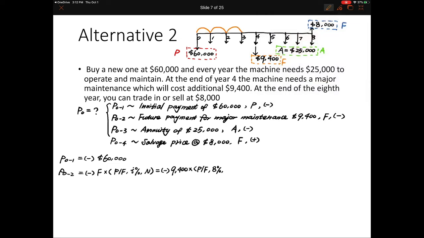Okay? So it's like you're going to jump 4 times back to the present. So n equals 4 for 9,400.